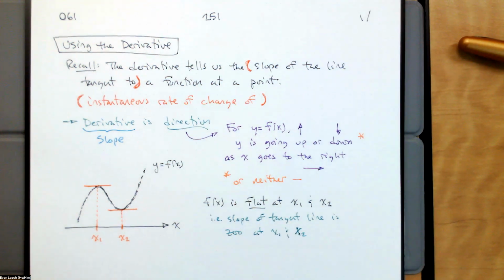The slope of the tangent line is determined by the derivative. So we can put those two things together because we're sophisticated calculus students. That tells us that f prime of x1 and f prime of x2 are equal to 0.